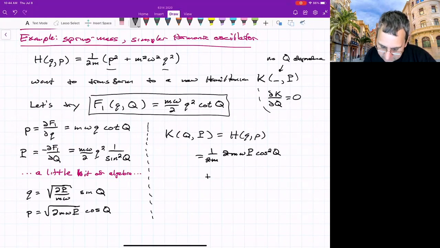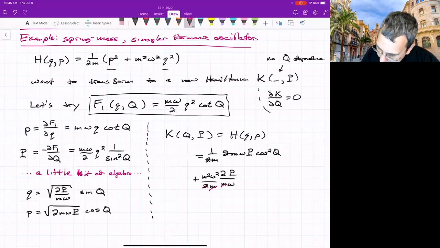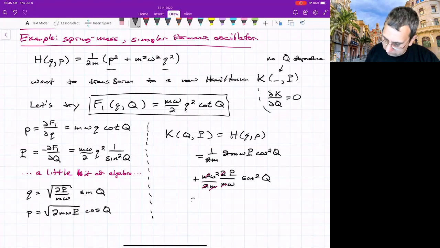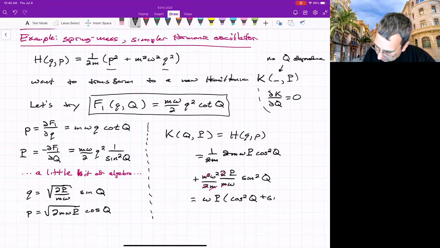Plus, now what? 2P over m omega, move over this plus sign. We've got m squared omega squared over 2m. The m squareds cancel, one omega cancels, 2's cancel, sine squared Q. So then what does this equal? We can pull out an overall omega times P, cosine squared Q plus sine squared Q, which is 1.